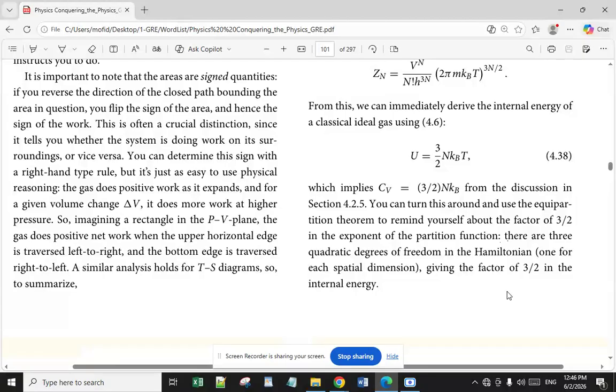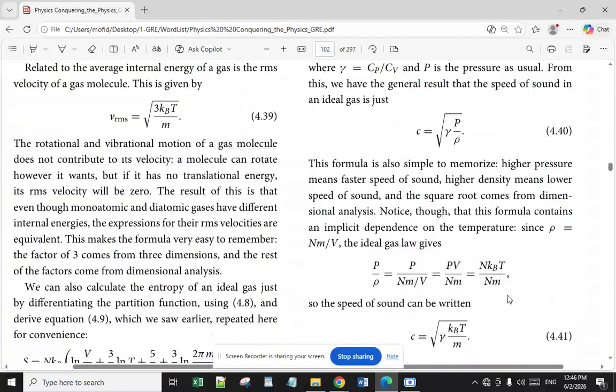There are 3 quadratic degrees of freedom in the Hamiltonian, one for each spatial dimension, giving the factor of 3 divided by 2 in the internal energy.